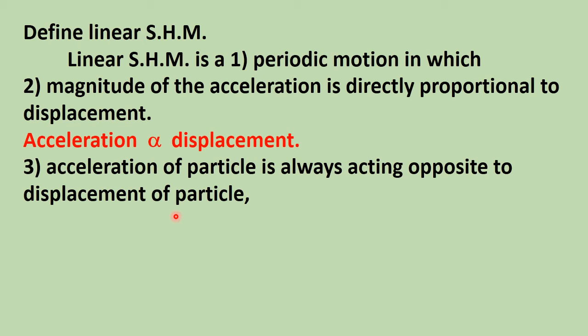In this way we can define linear SHM. Linear simple harmonic motion is a periodic motion in which the magnitude of acceleration is directly proportional to displacement, and the direction of acceleration is opposite to that of displacement.